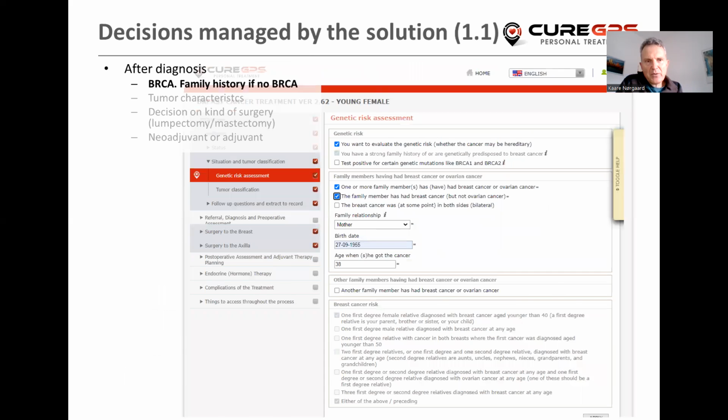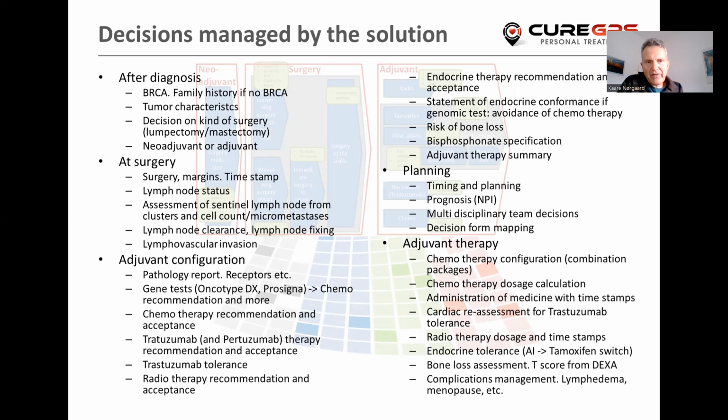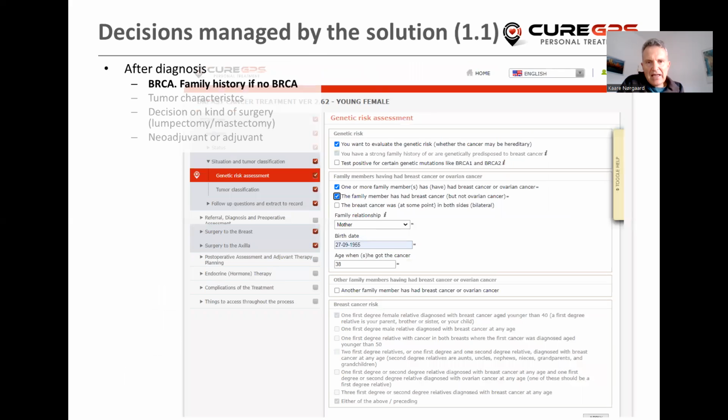So if we start with one, the BRCA or family history headline, it's here, and you can see that it implements a form that helps us determine whether there's an elevated risk of breast cancer, in which case the lady must have mastectomy, and there's a wealth of other things that you have to do if she has an elevated risk.